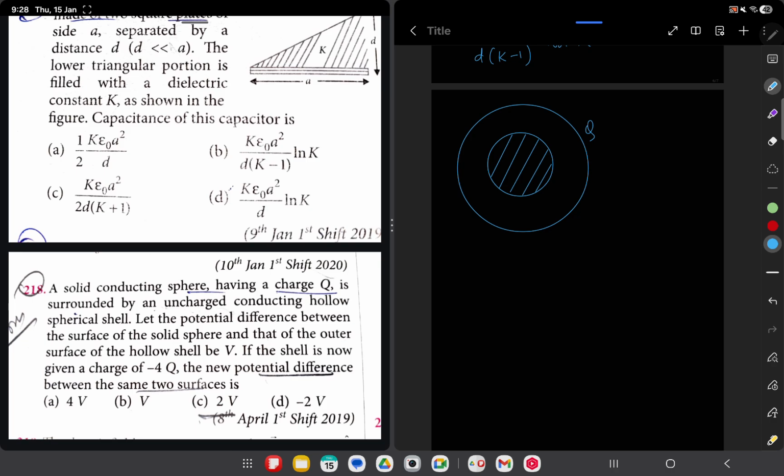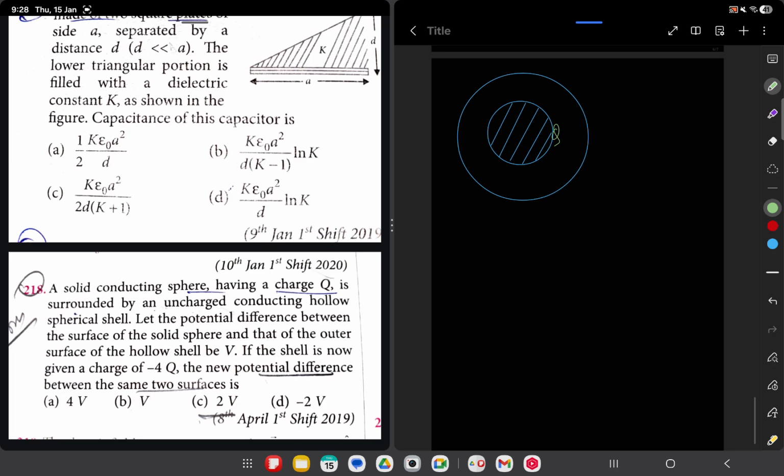Let the potential difference between the surface of the solid sphere and that of the outer sphere of the hollow shell be V. This is having a charge Q. The potential difference between these two is V. The shell is now given a charge minus 4Q. Then what is the new potential difference?